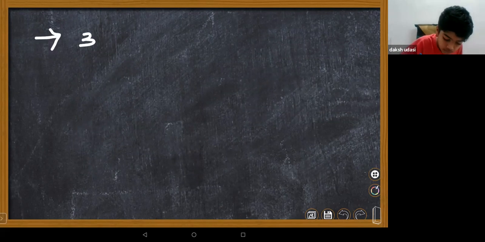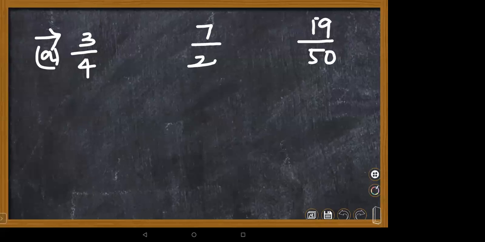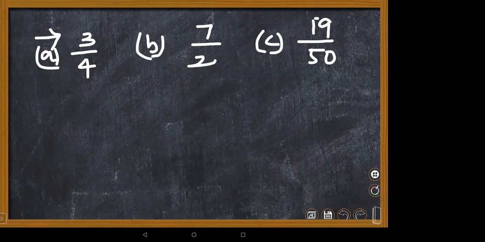Please do these bits, children. 3 by 4, convert as a decimal. 7 by 2 and 19 by 50. These are the 3 questions, A, B, C. Who will give all 3 answers quickly?